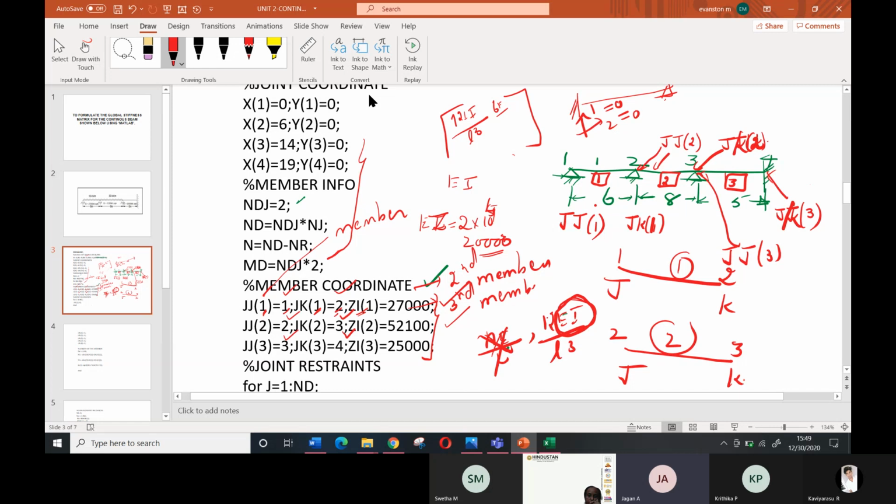ZI of 1 is equal to 20,000. Okay. Next one, JJ of 2 is equal to 2, JK of 2 is equal to 3, ZI of 2 is the same 20,000. Okay. Third one, JJ of 3 is equal to 3, JK of 3 is equal to 4, ZI of 3 is equal to 20,000. Okay.